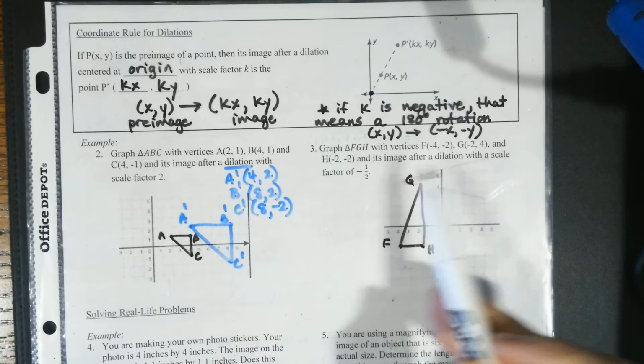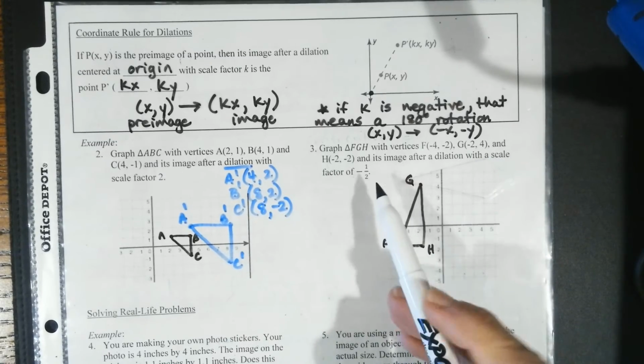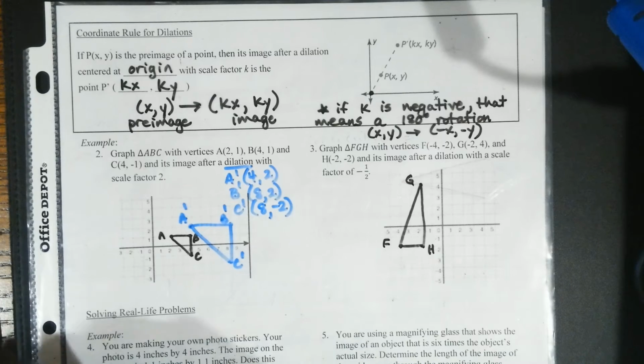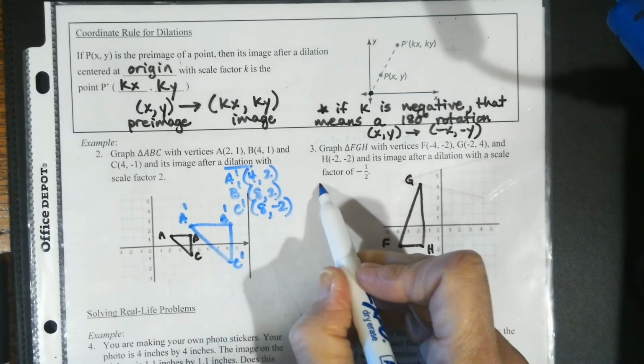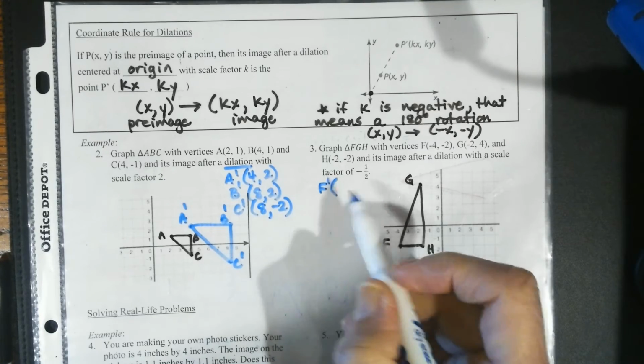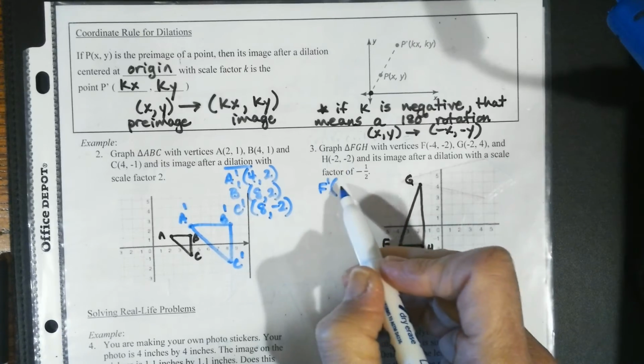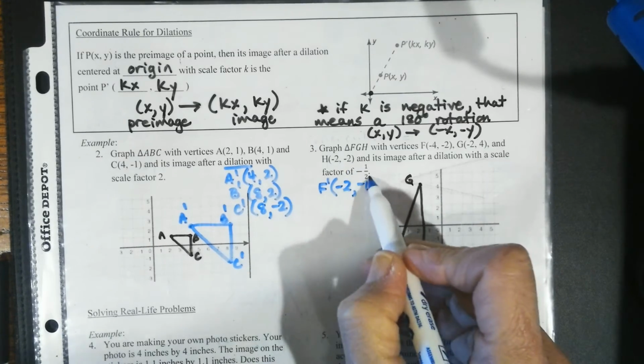Now, what I want to do, it's telling me that I want to graph the image after dilation with a scale factor of negative half. So first I'm going to do the half. And then I'll do the negative. Because they mean different things, right? So the first thing is I'll do F prime, which is half. So negative 2, negative 1.